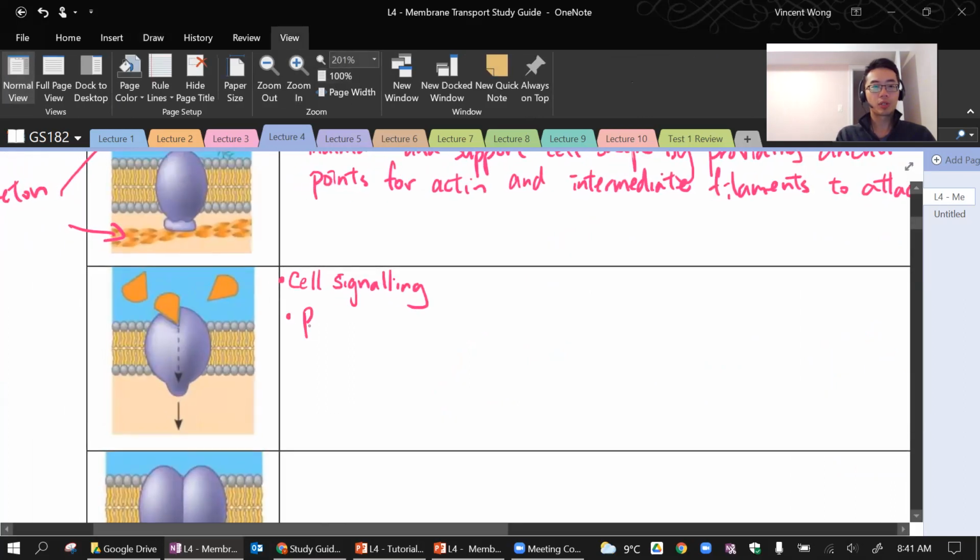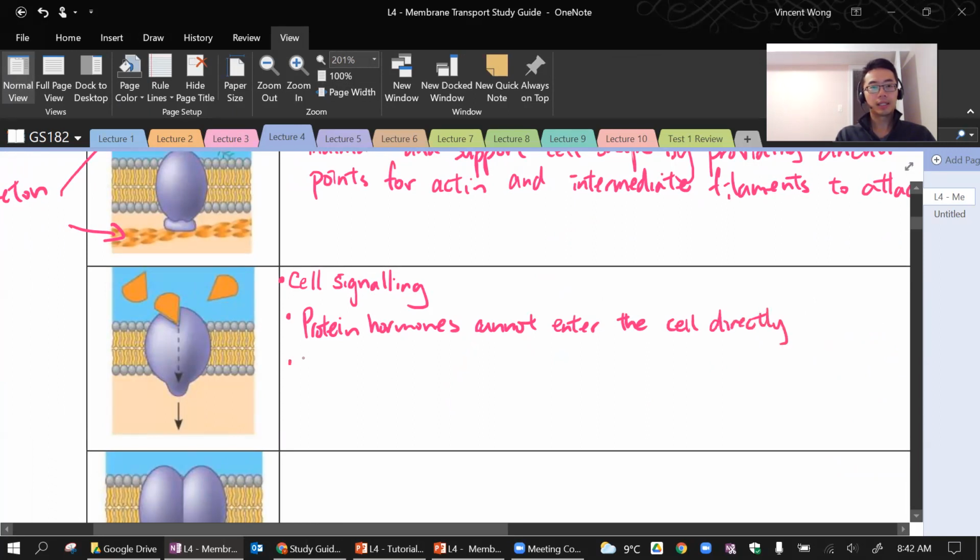So protein hormones cannot enter the cell directly.